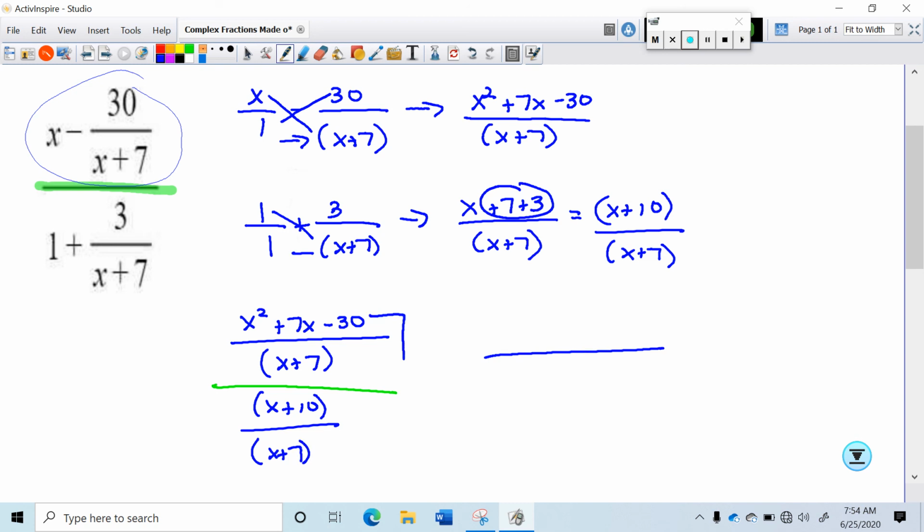So outside on the top, so x squared plus 7x minus 30, and this is a rare time where I'm actually going to take the parentheses away from the binomial because I'm going to have some like terms I can put together here.